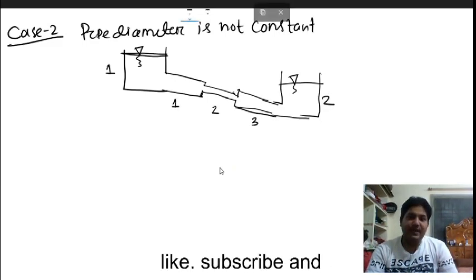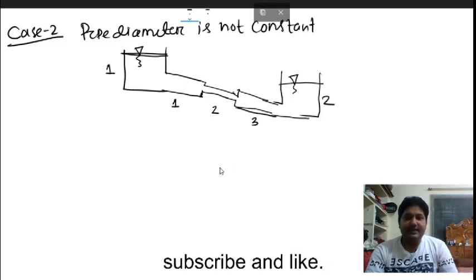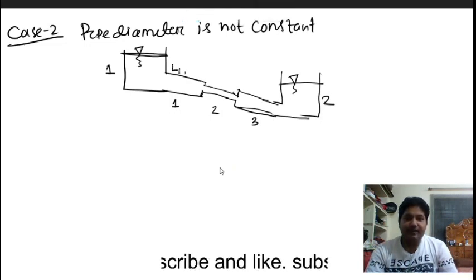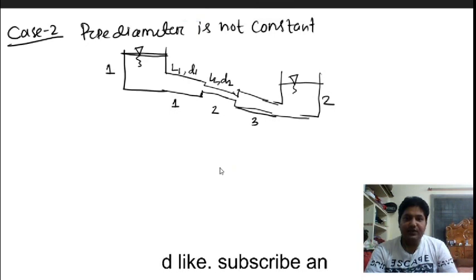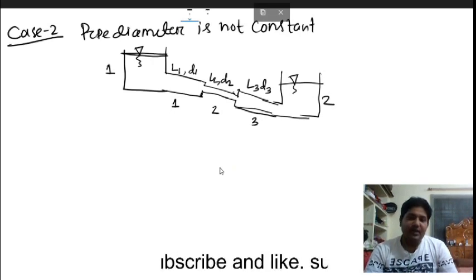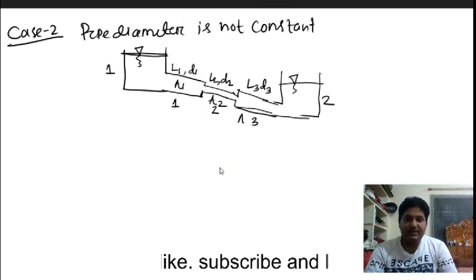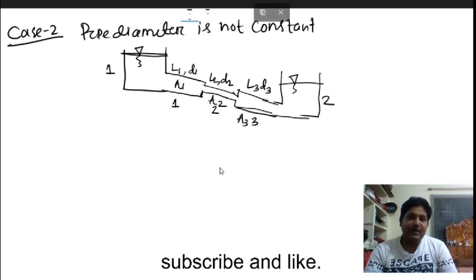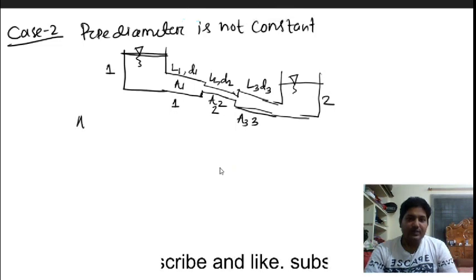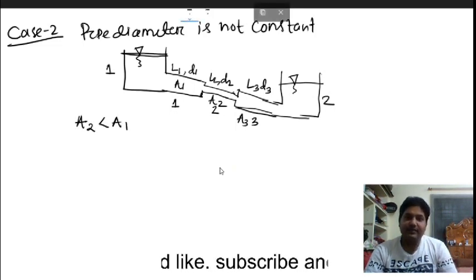Here the pipe length is L1 with diameter D1, then L2 with D2, and L3 with D3. The cross sectional areas are A1, A2, and A3. Now the cross sectional area at section 2 is less than the cross sectional area at section 1. So what will happen?